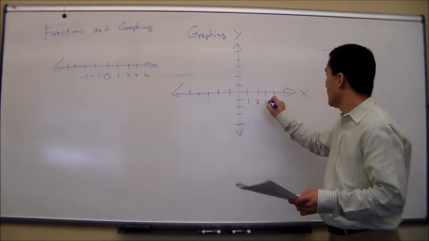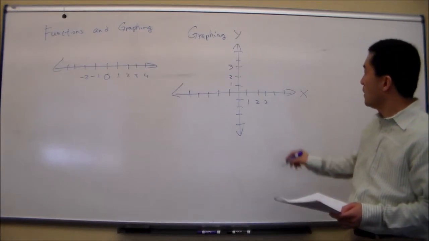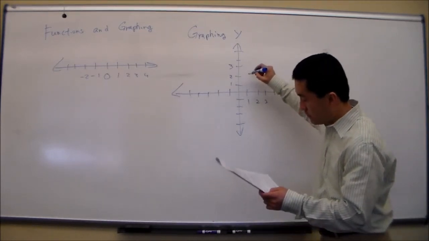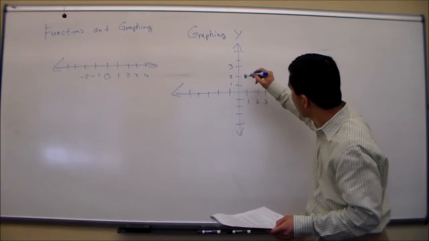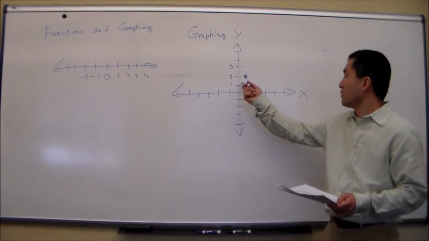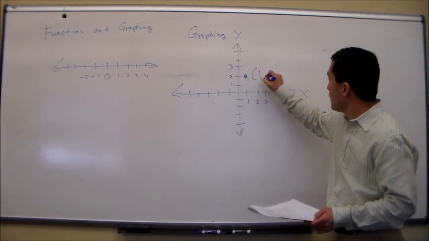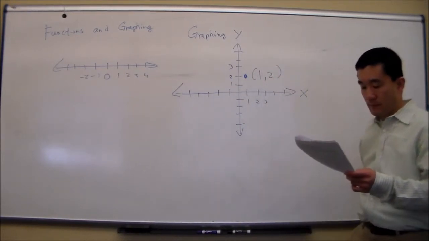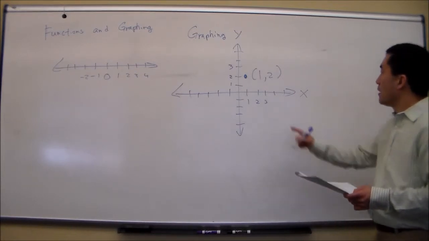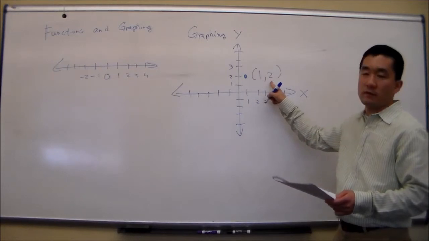Say I draw a point here. What's the address for this particular point on this graph? Well, in this case, it's 1 and 2. The 1 represents the x value, and the 2 represents the y value.